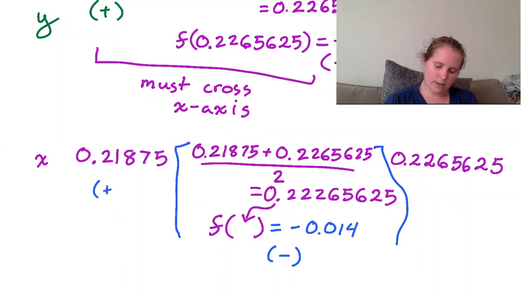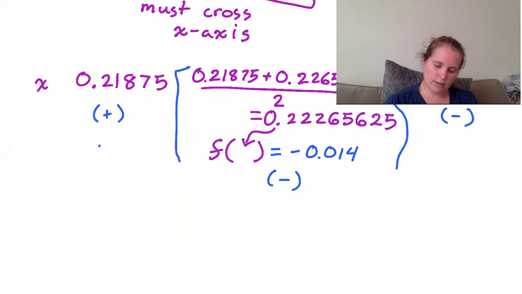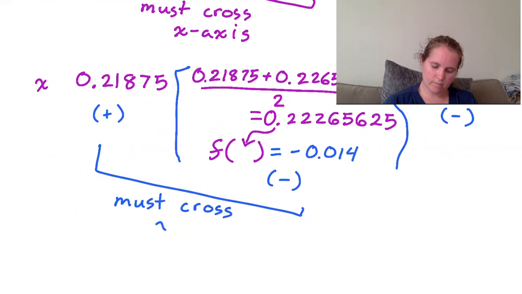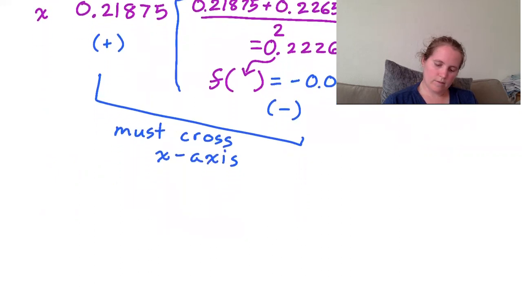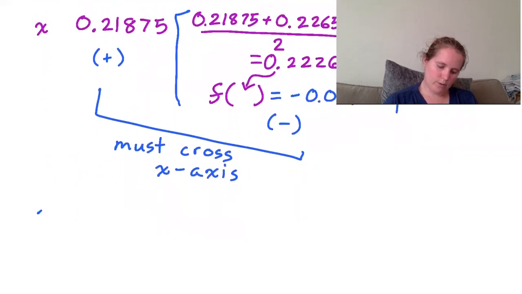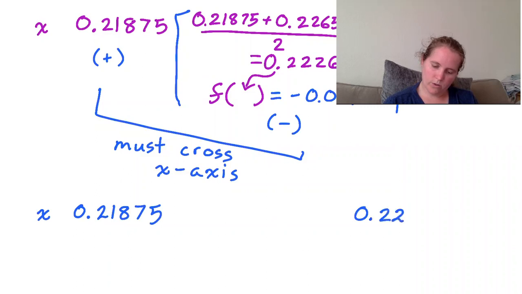We started with a positive, ended with a negative. So we must cross the x-axis between these. So now we know that we are between 0.21875 and 0.22265625.